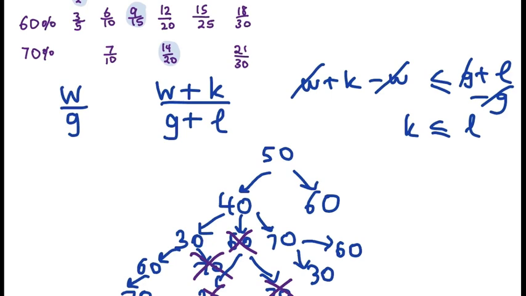So we can discount that immediately. We can't go from 7/10 to 6/20 because the number of wins is decreasing, which we know is not allowed. But we could go from 7/10 to 9/30.